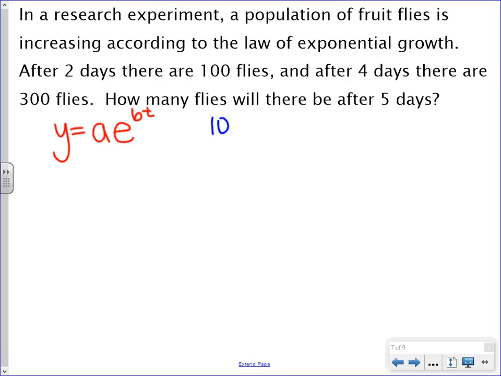So there are 100 flies after 2 days, so b times 2. And we know that there are 300 flies after 4 days. So there are 300 flies after b times 4.